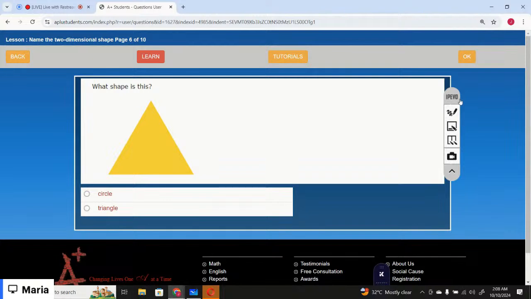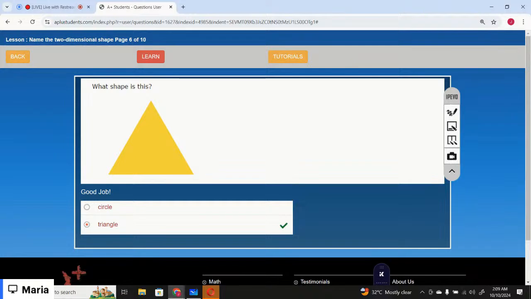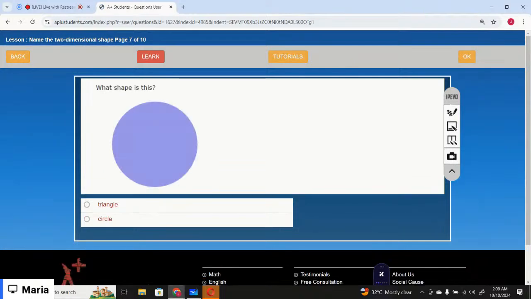Yes, triangle. Option number two is the correct option. Got it? Okay, what shape is it? Circle it is, right? The correct option is circle.